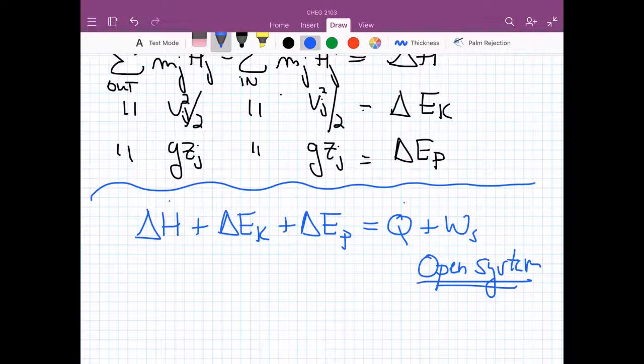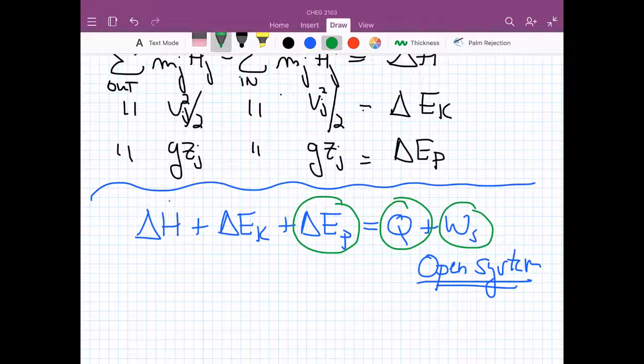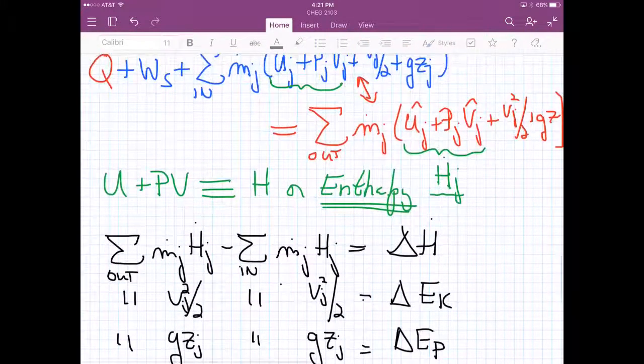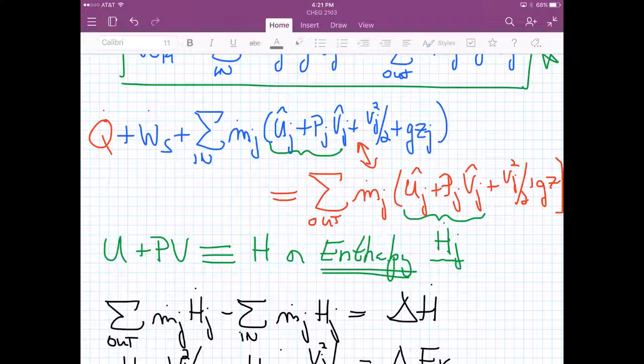So for an open system, the energy balance has to take into account all the heat that enters or leaves, all of the shaft work that we do or remove, all of the changes in potential energy of the macroscopic fluid flow, all of the changes in kinetic energy of the macroscopic fluid flow, and all of the enthalpy changes of the streams. And if I go back up to the very general form of this equation, what happens if I don't have any streams?